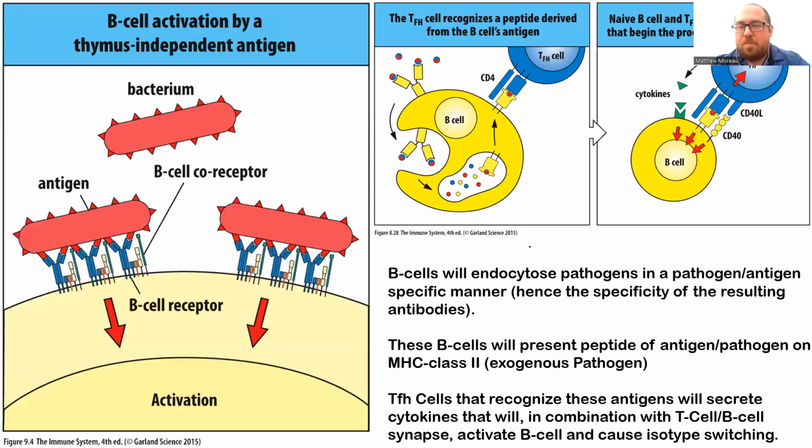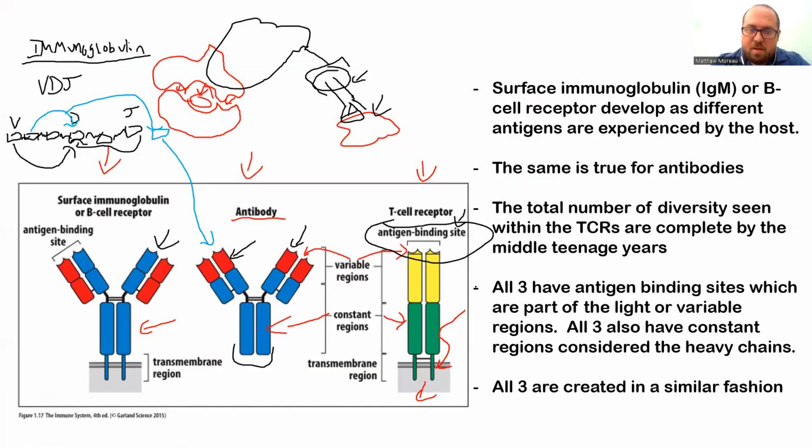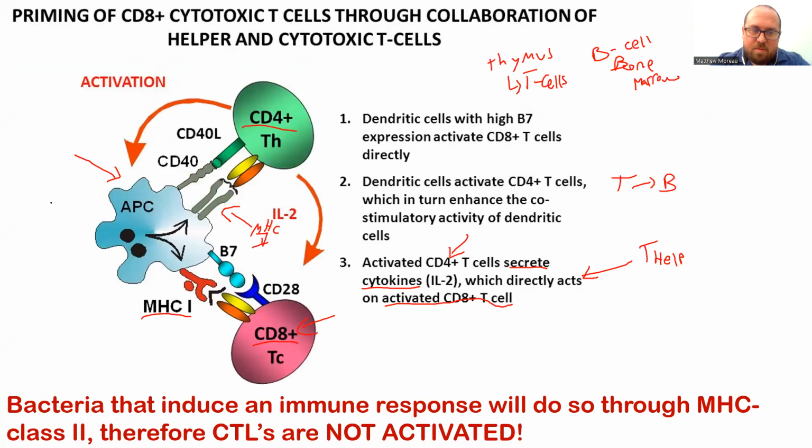All right, so B cells, on the other hand, are not activated by way of MHC recognition, because again, the dendritic cell, the DC, is loading, expressing, and activating T cells first.